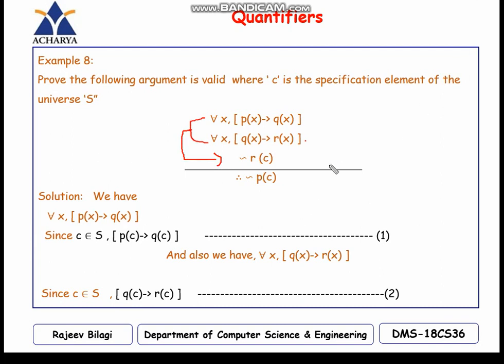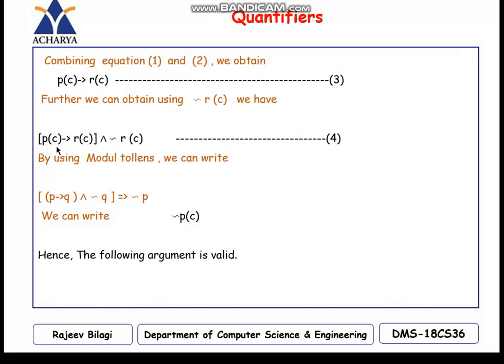So here I will call this equation 3. Now P of C then R of C, and negation of R of C. With this I can directly write negation of P of C, which is modus tollens, the rule of modus tollens, that is P then Q, and negation of Q gives negation of P. That is one of the rules of modus tollens.